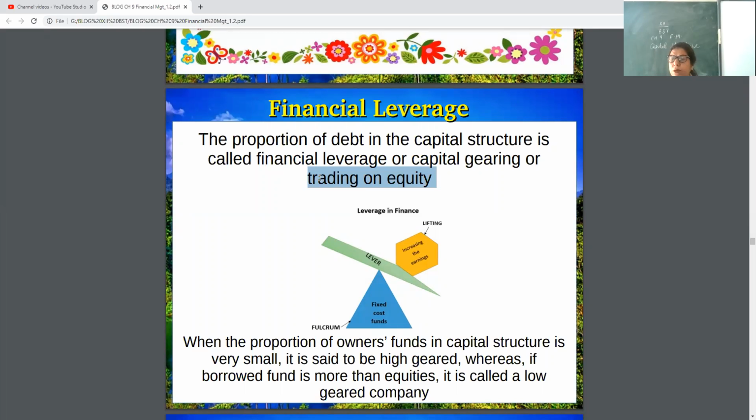This is the term for numericals of this chapter. What is financial leverage? Leverage means proportion of debt. Debt means debentures and long-term loans in the capital structure of the company. It is known as financial leverage, capital gearing, or trading on equity.